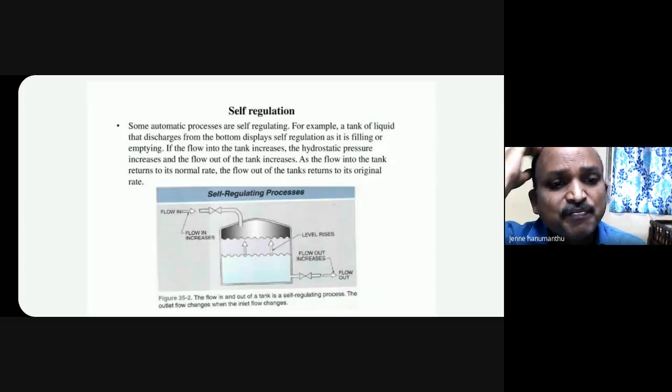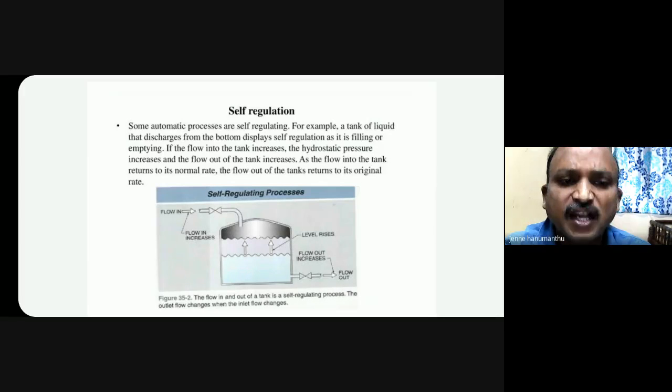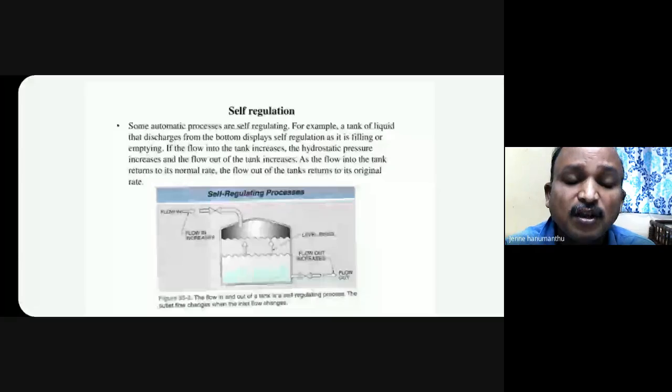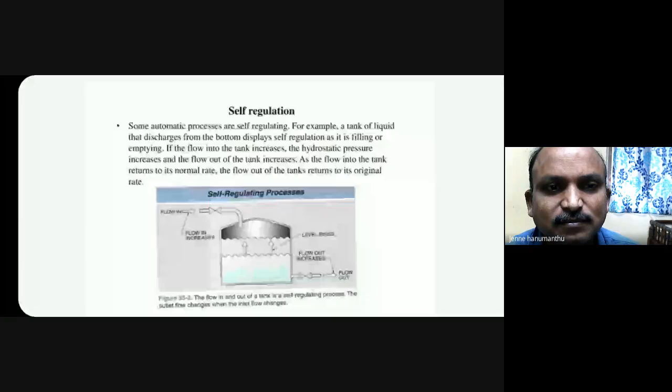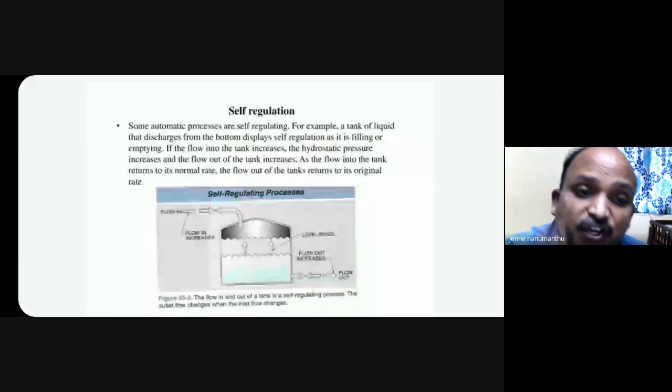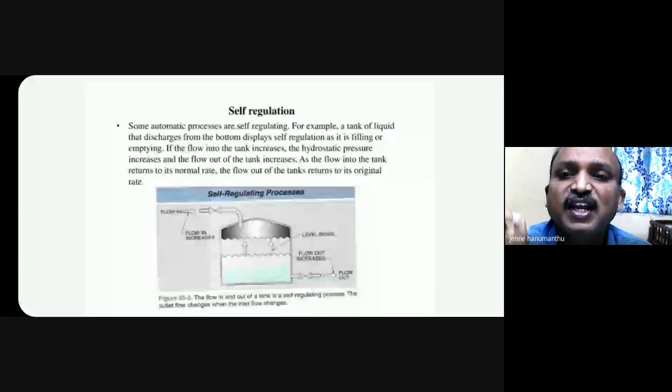But after some time, you cannot observe the water level within the tank either increasing or decreasing. You cannot observe that change of water level. That situation is so called self-regulation.